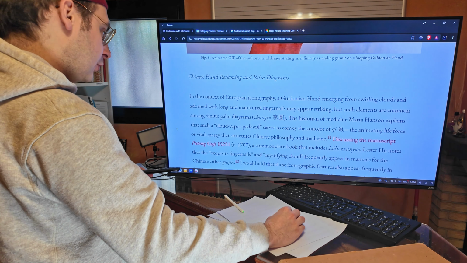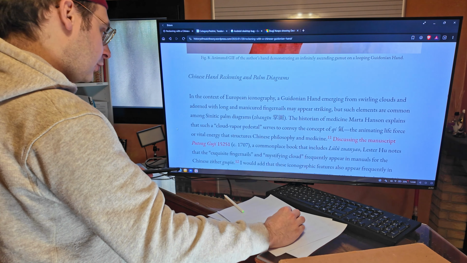The historian of medicine Martha Hanson explained that such a cloud vapor pedestal serves to convey the concept of qi, the animating life force or vital energy that structures Chinese philosophy and medicine.